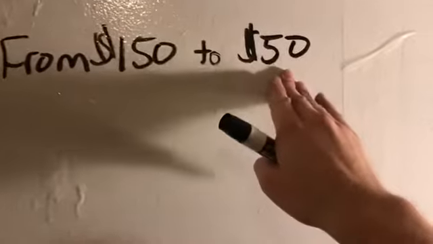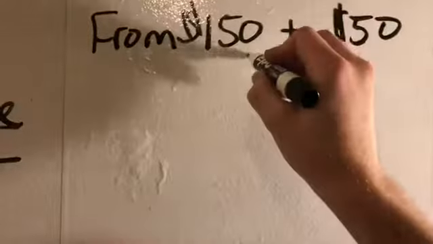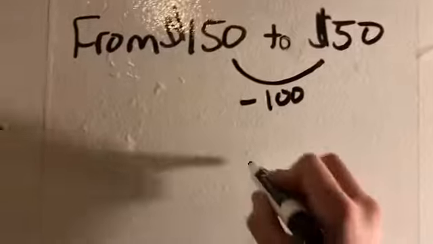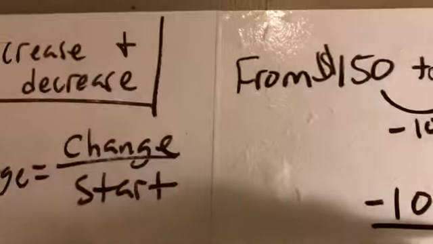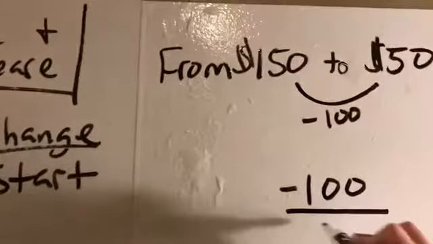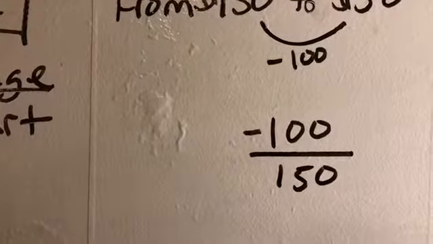What if your bank account goes from 150 to $50? So we lose some money. First ask yourself, what's our change? Looks like we went down $100. So my change is going down 100, divided by the start, which is still 150 here. Now we need to turn that into a decimal and then into a percent.